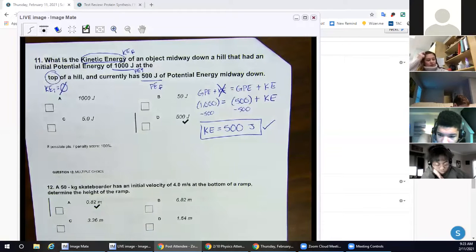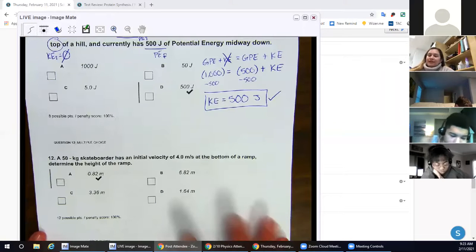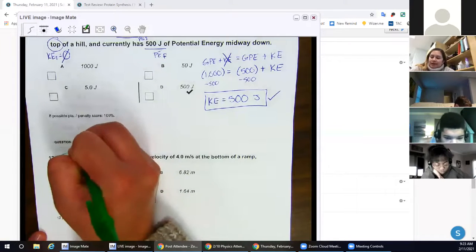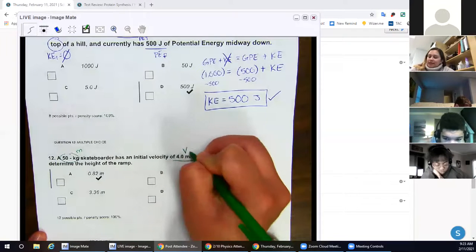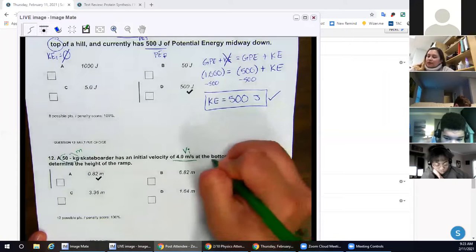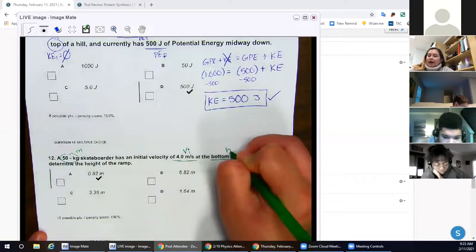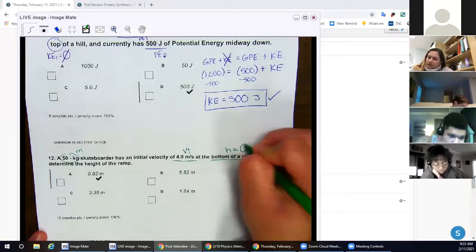All right, number 12. A 50 kilogram skateboarder, so that's my mass, has an initial velocity of 4 meters per second. That's my VI. At the bottom of a ramp, so we're at the bottom. What does that tell you about the height? It is this lowest point is 0. Good job, 0.